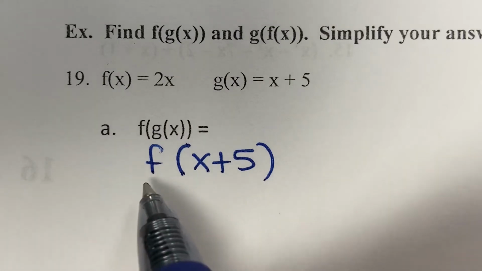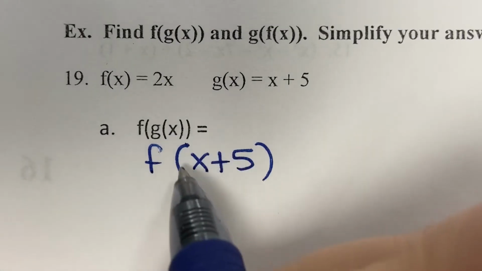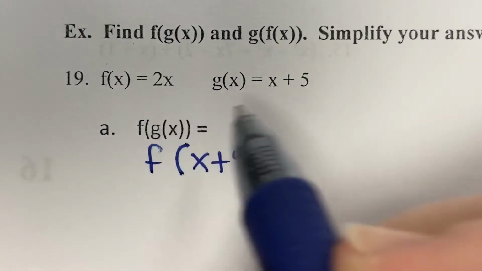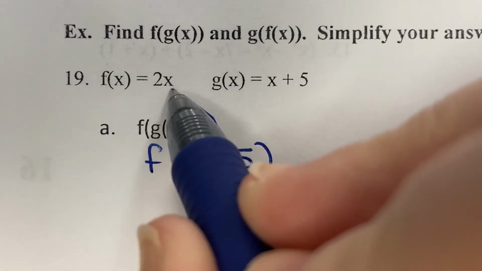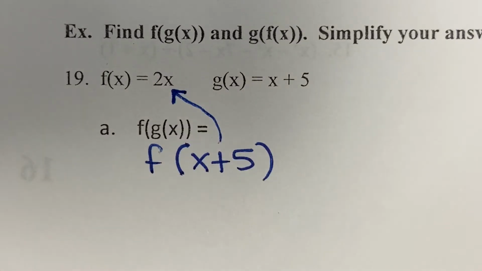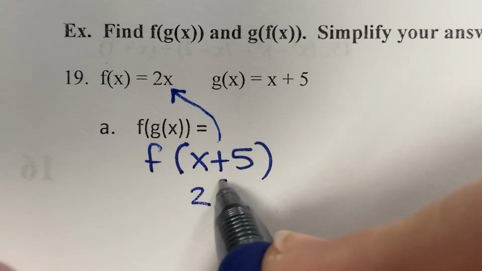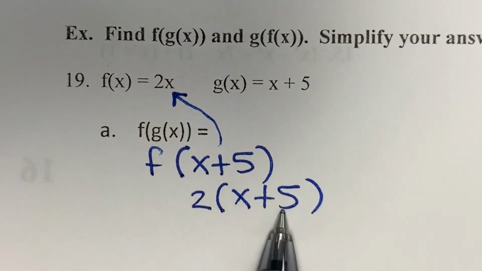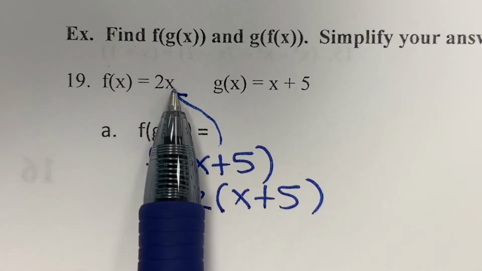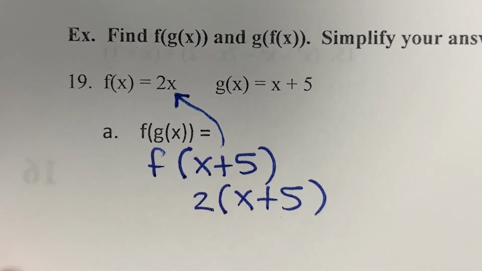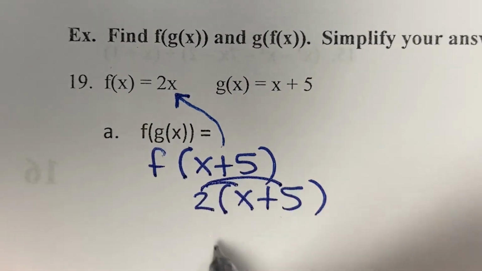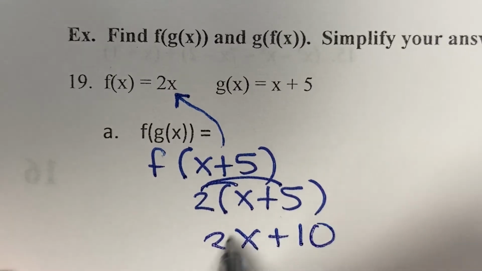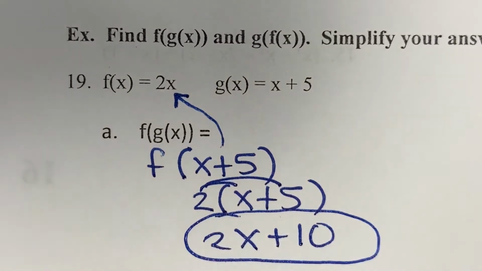Now that it's written this way, we take the x plus 5 and substitute it into the f function. So instead of saying 2x, we say 2 times x plus 5. The x plus 5 is replacing the x. When we distribute that, we get 2x plus 10.